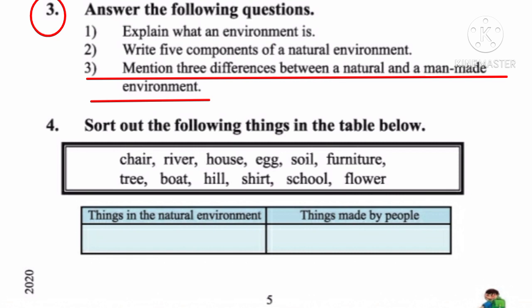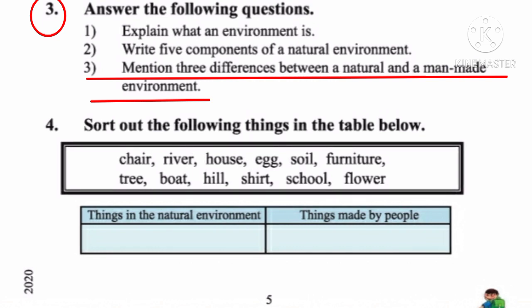The components of natural environment can be created naturally, but the components of man-made environment cannot be created naturally. The examples of natural environment are sun, moon, hills, water, etc. And the examples of man-made environment are buildings, fields, schools, etc.